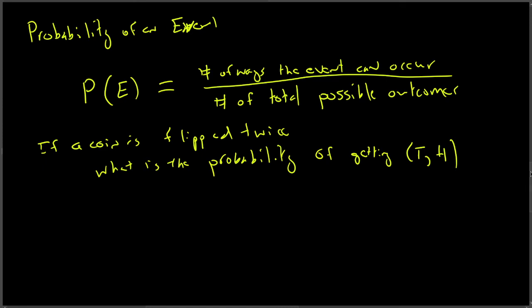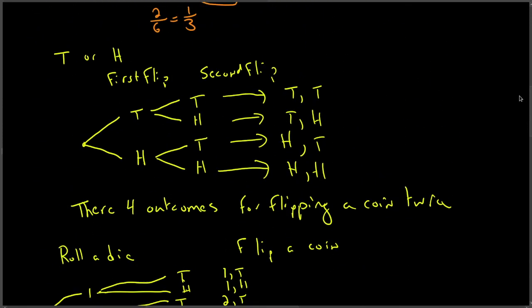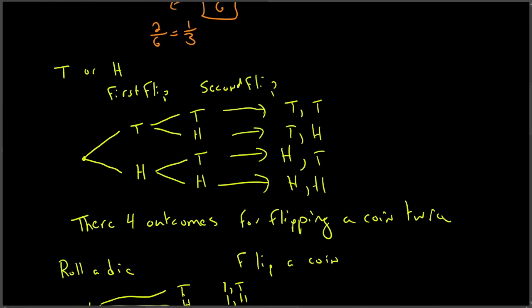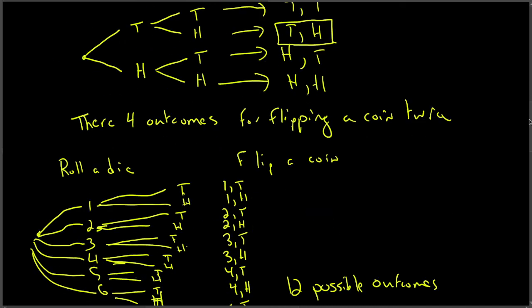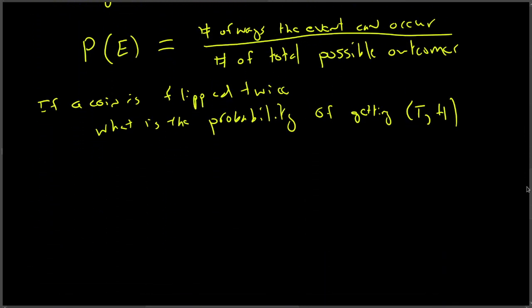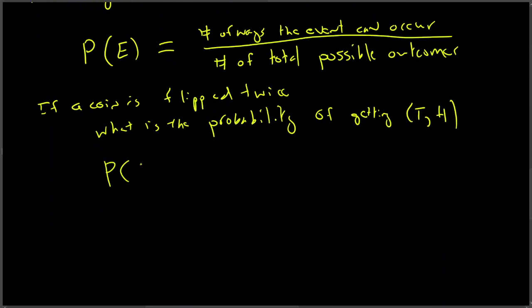Well, if we go back up to flipping a coin twice, there were 4 outcomes, and only one way tails heads could occur. So the probability of this was, we have one way that we can get tails heads and 4 possible outcomes. So we have a probability of 1/4.